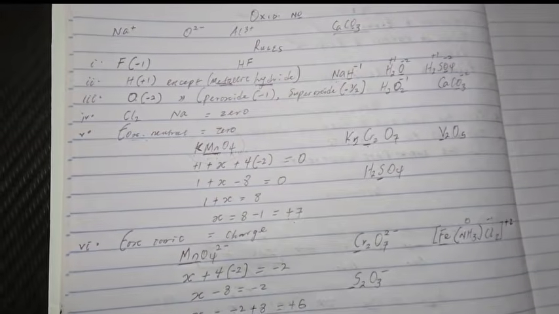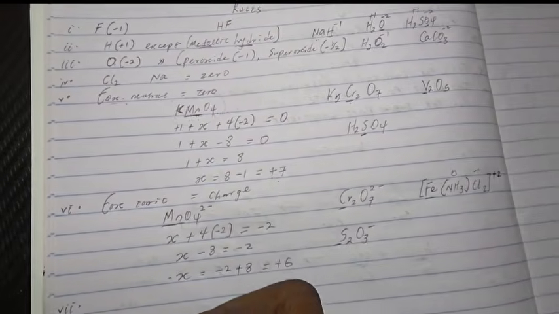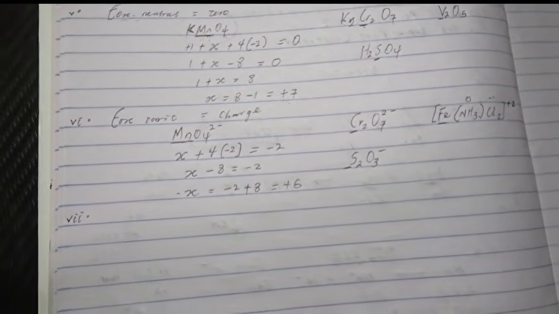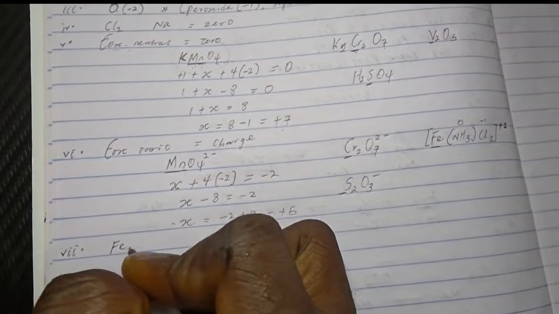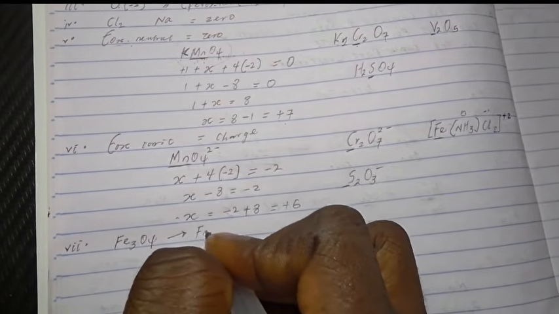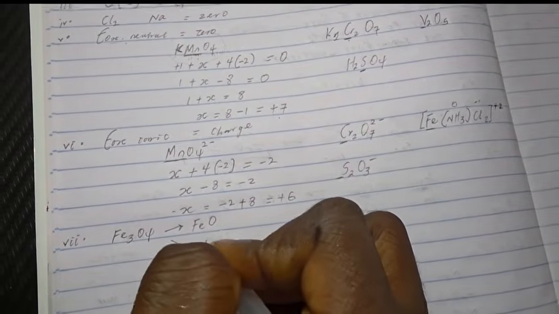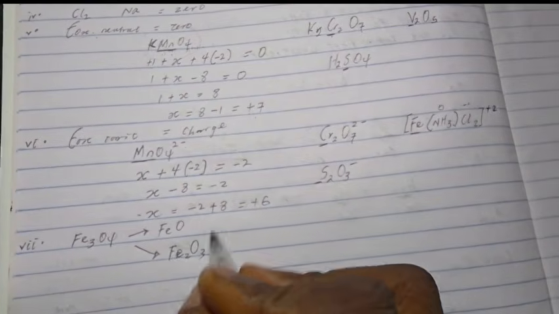The next one, the last one that I feel you should know, is that in some compounds, some elements have different oxidation states in the same compound. For example, Fe3O4 contains FeO and Fe2O3. So in these two compounds, iron has different oxidation states.